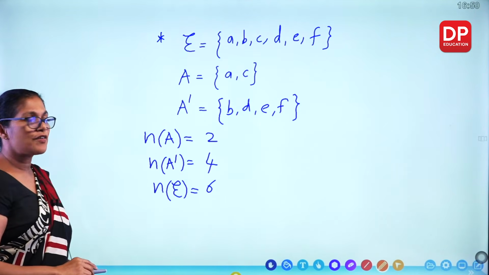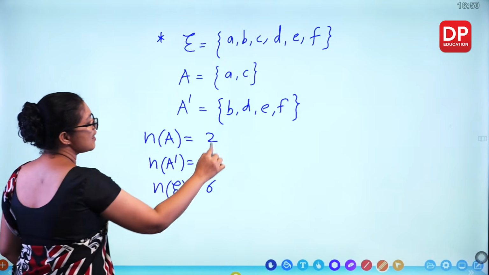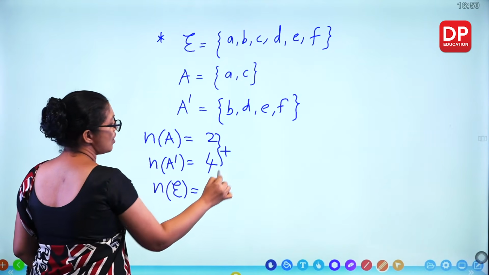Now try to find out a relationship between these numbers. Can you see? If I add these two, I get this one.